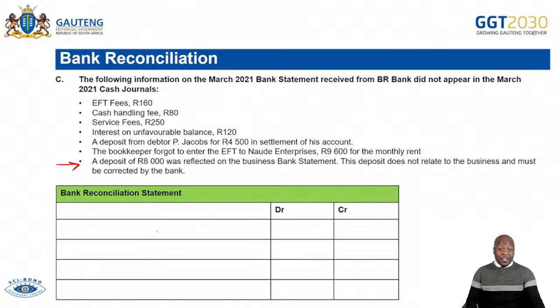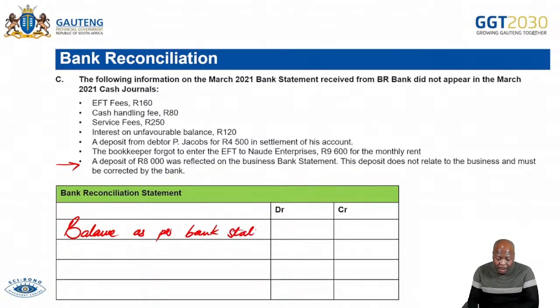Before I even record this and correct this entry, you have to know your format. I know there are different ways in which you could have done this. But as I said at the beginning of today's class, I'm going to use the double column method. On it, I'm going to start off with balance as per bank statement.